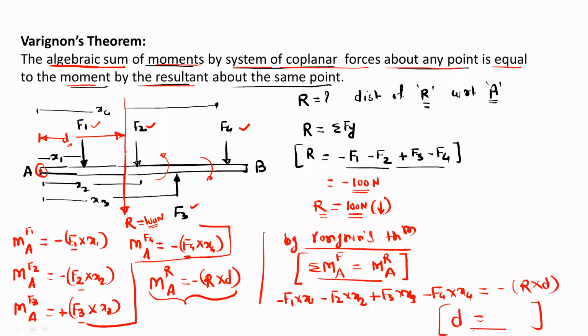So this D value is nothing but the distance or the location of resultant with respect to given point. So this is the use of Varignon's theorem.